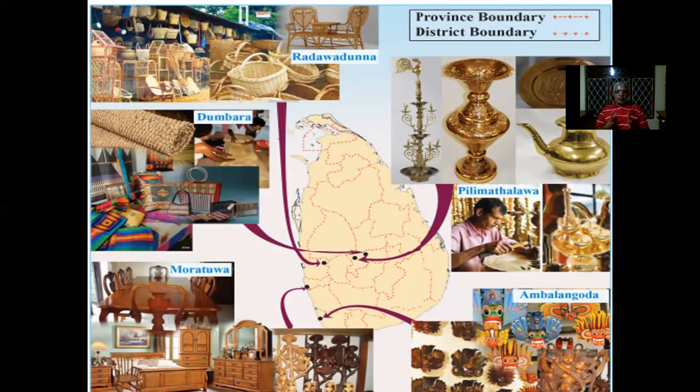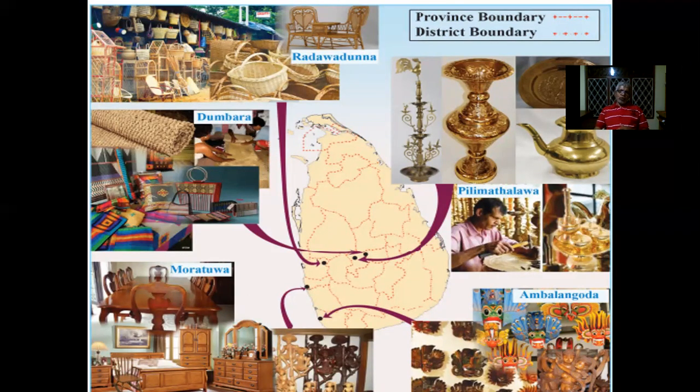Then this picture speaks to you. It presents some cottage industries conducted in Sri Lanka. Most of them are inherited, and where these industries are conducted or located. Radhavaduna is famous for the productions produced with the cane.